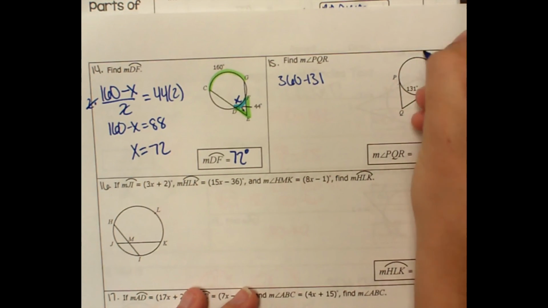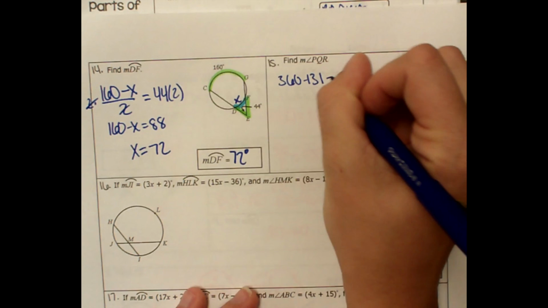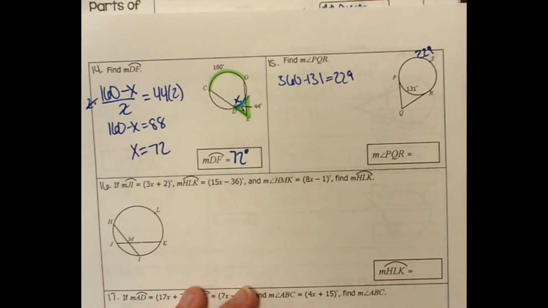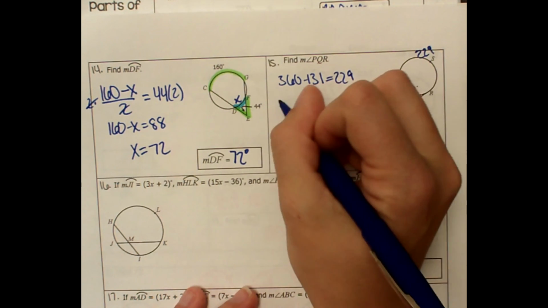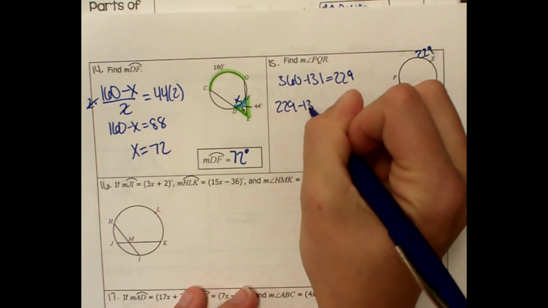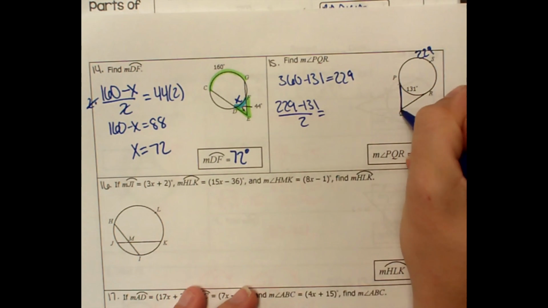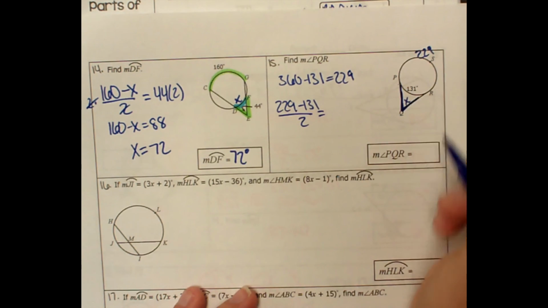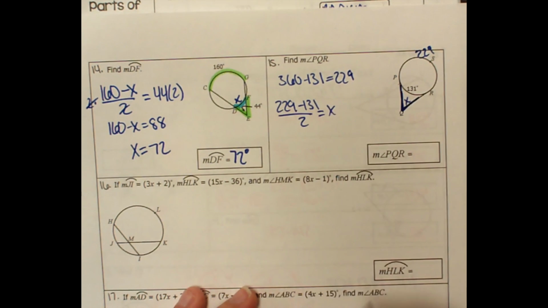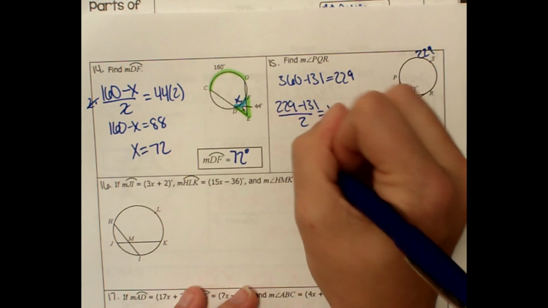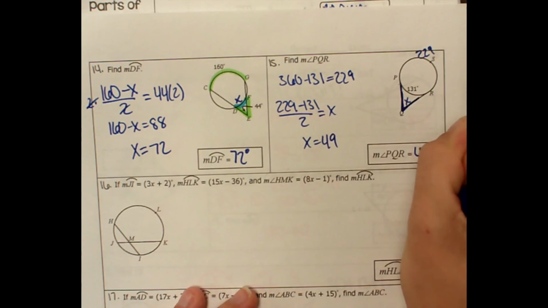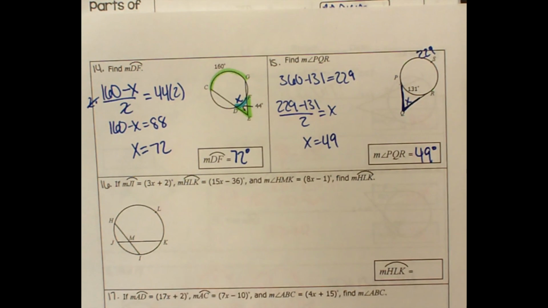So you get that big arc is 229. So then big arc minus the little arc, so 229 minus 131 divided by 2 is equal to, they want this angle right here, which is your x. You solve it, you get that x is equal to 49 degrees.